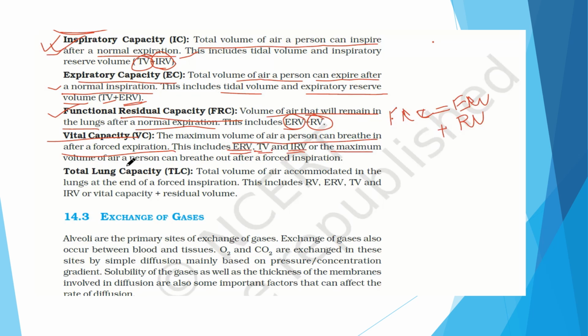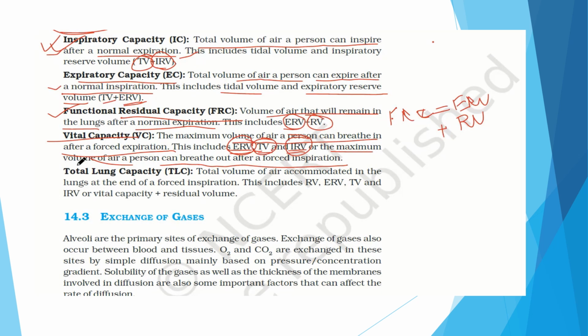Or it is the maximum volume of air a person can breathe out after a forced inspiration, including the expiratory reserve volume, tidal volume and inspiratory reserve volume. So that is the vital capacity.